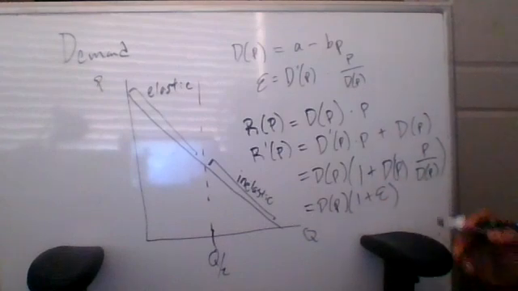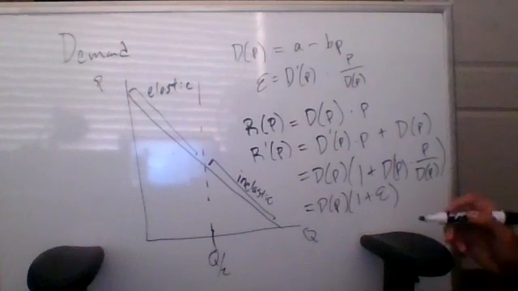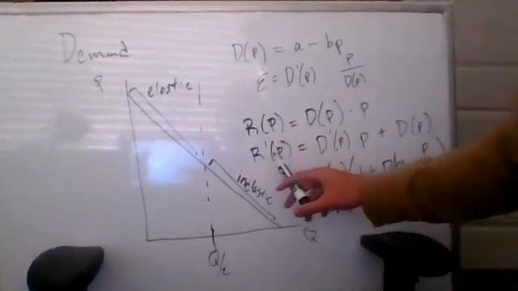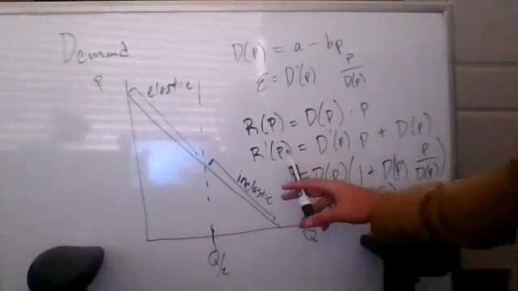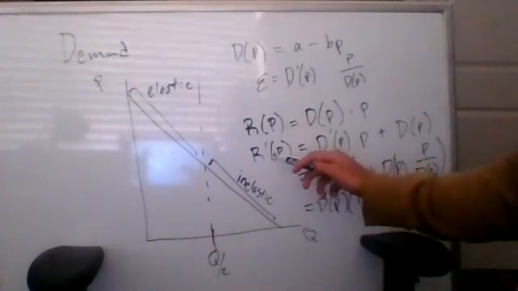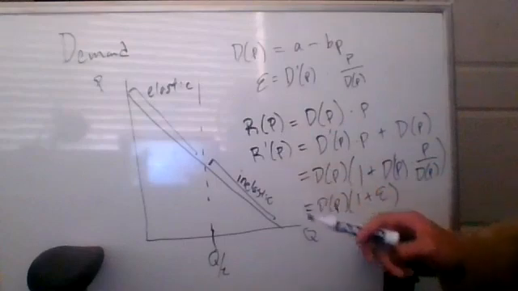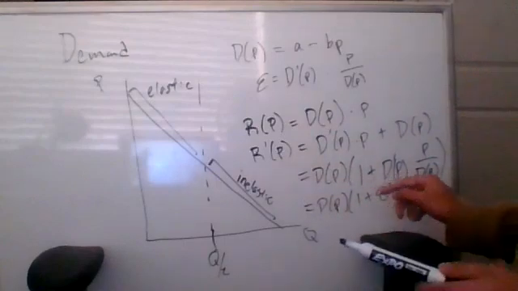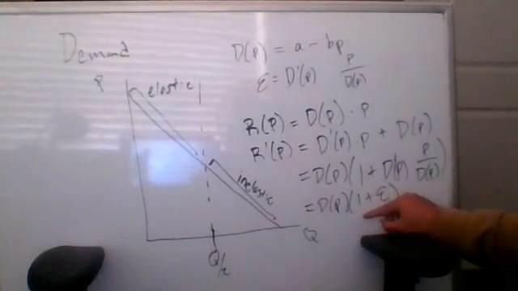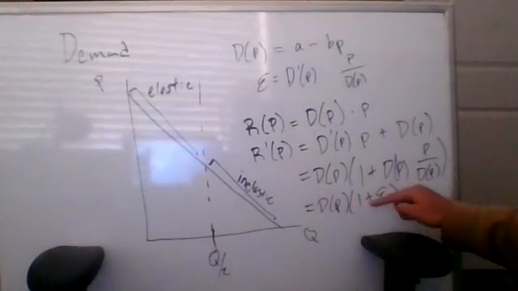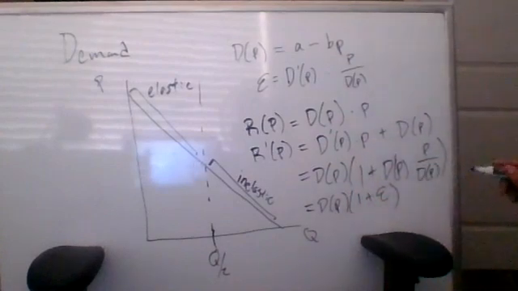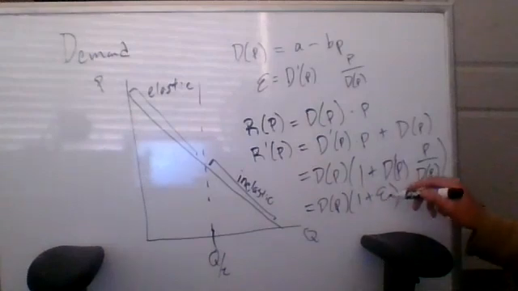And so if we think about how this plays a role in revenue, when we're taking the derivative of revenue with respect to price, we want to see how our revenue changes as we increase our price, right? You guys can maybe see that if you substitute values of elasticity into here.